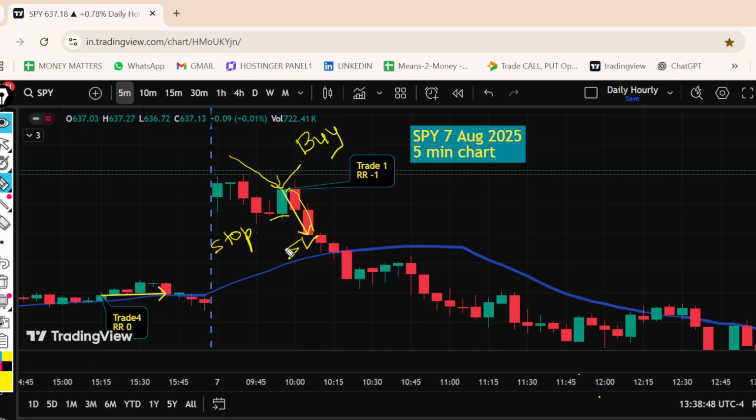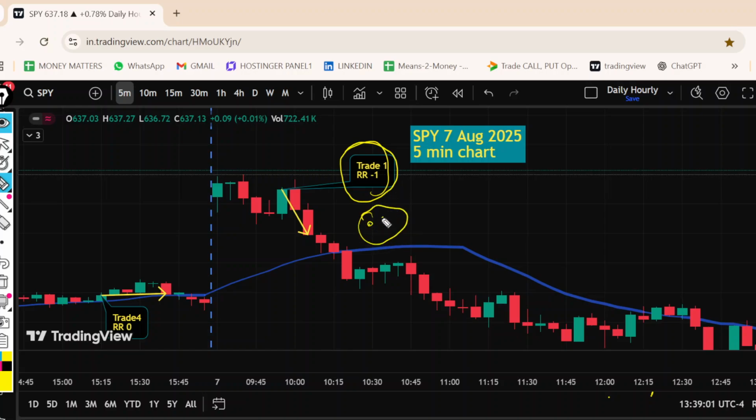So our stop loss is hit, and we lost around 1% of the capital, or one risk unit. This is a loss of one unit.